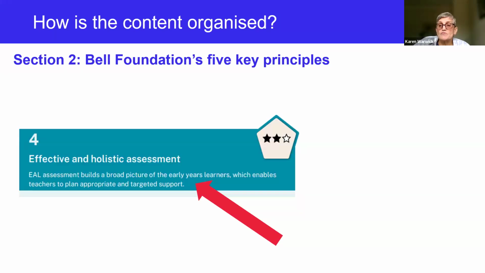The principle promotes the importance of observation in observing play and learning and the developmental skills that a young multilingual learner brings to the setting when they start school. And it helps to build that initial, holistic and accurate picture of the child's present experience for you to build on.